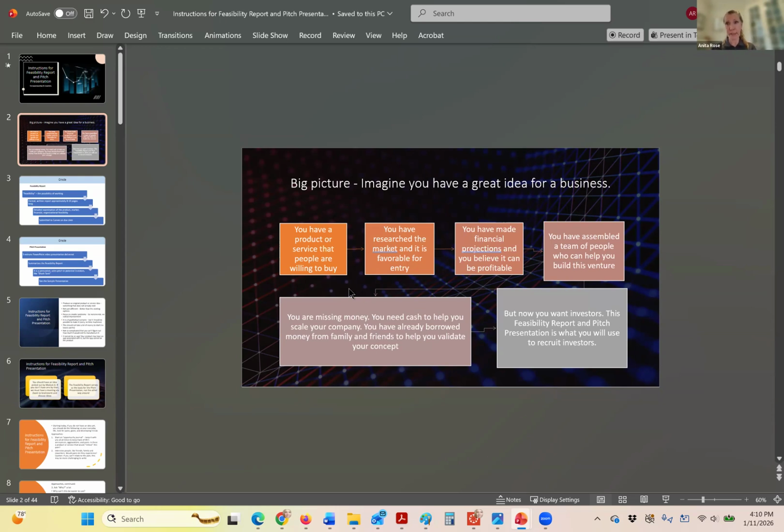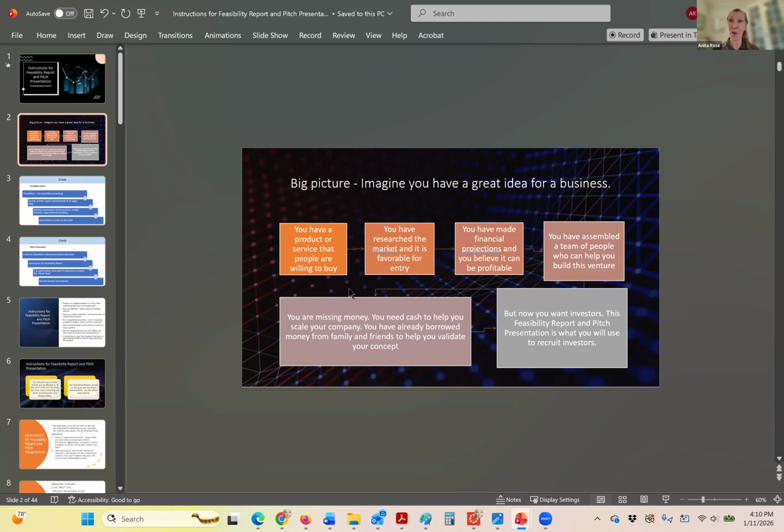Then you need to make some financial projections. And then you want to see if it certainly is profitable. Otherwise, you might need to make some changes. And then you need to have a team. You will need to assemble a team to put together the product or service, the business, basically, right? The building of the venture. But in this particular situation, you don't have enough funds to get the business started.